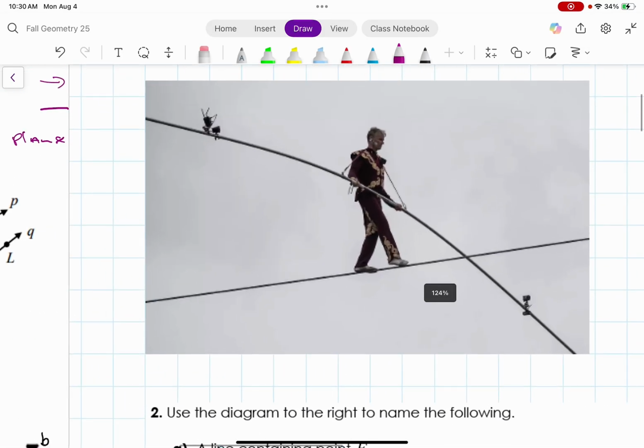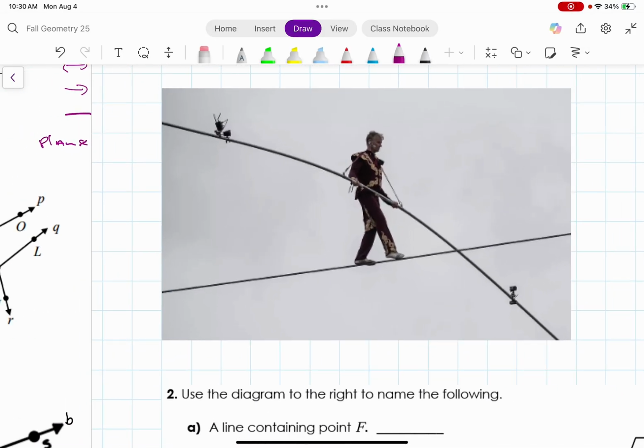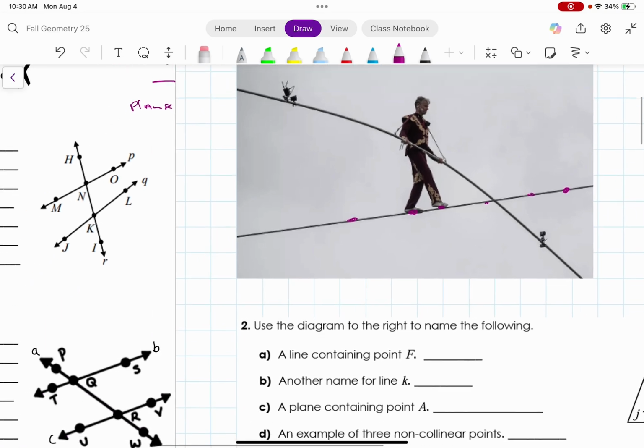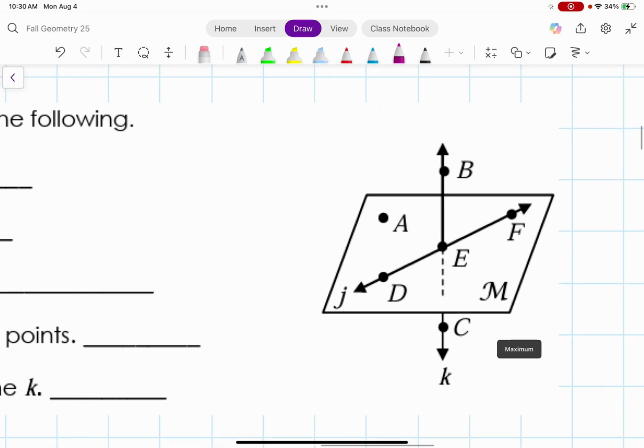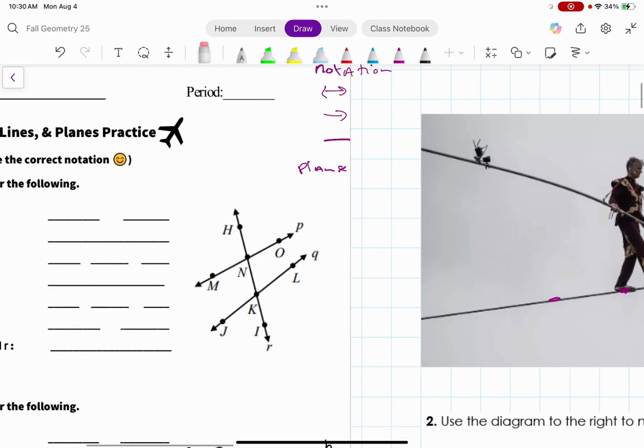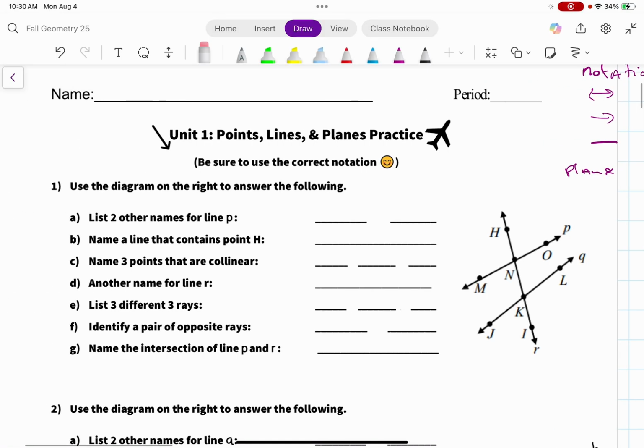So here I have a tightrope walker. He's one of those people that walks along the lines, but they have to follow certain points, right? Whatever points they're stepping on helps them get to where they want to be. You're going to have to think like that in a sense, because you have to be able to identify where you are walking along this tightrope, like what direction you're going to be going in. And it makes it a little bit easier to understand, especially when you're trying to start off where you're going.